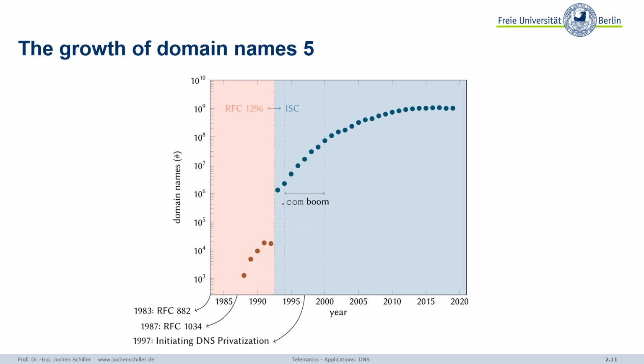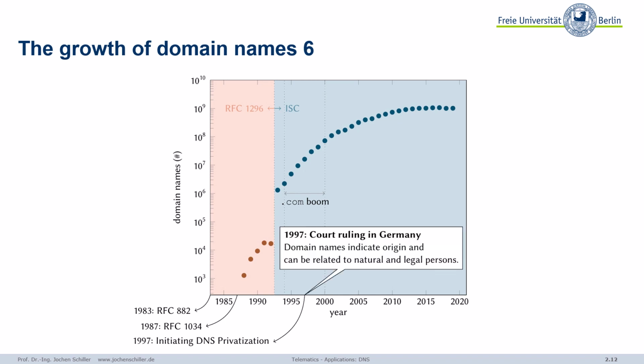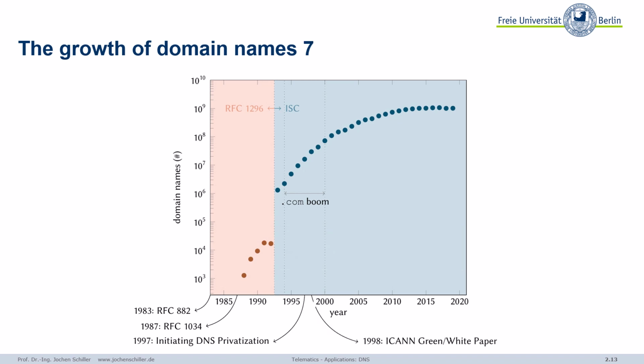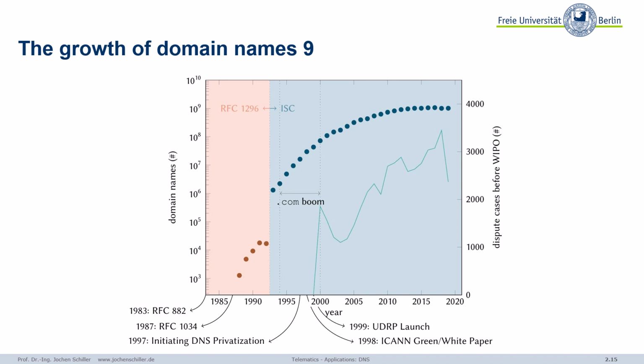So it was starting some privatization. We have more and more companies offering domain names, and also some other court rulings saying, okay, domain names can be related to natural and legal persons. So that's quite important. Some more standardization discussions going on, how you handle domain names. I will go into some of the details, and you see what happens if technology goes into society, companies discover the network.